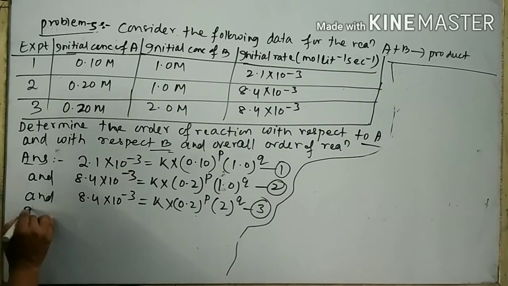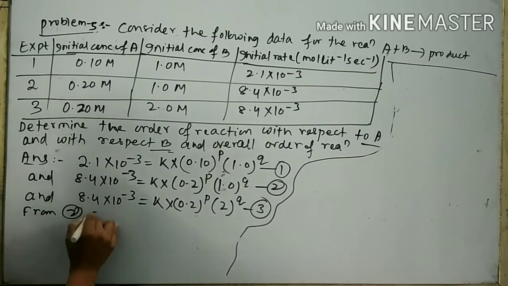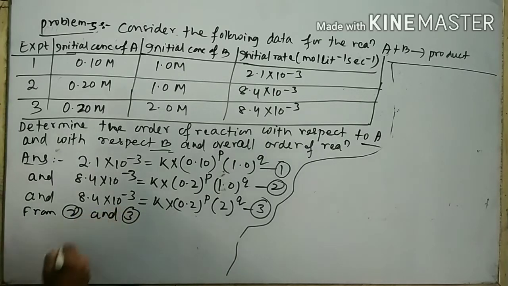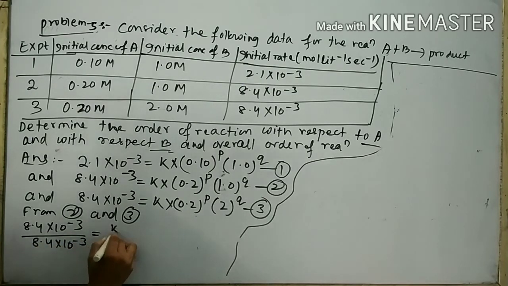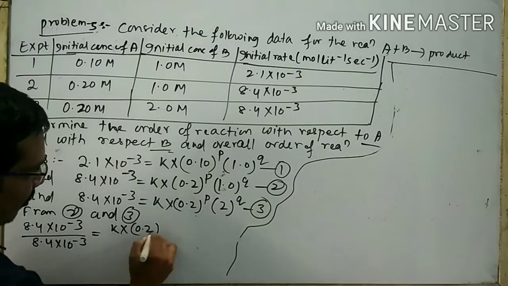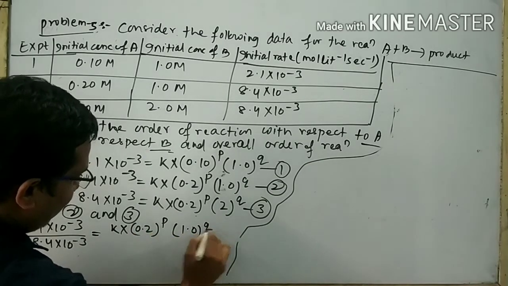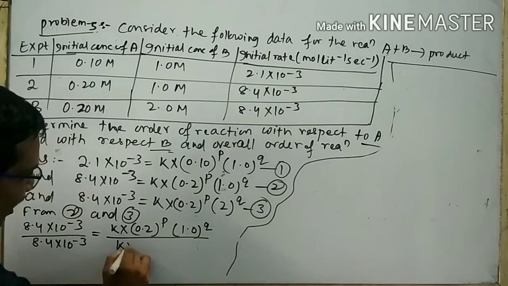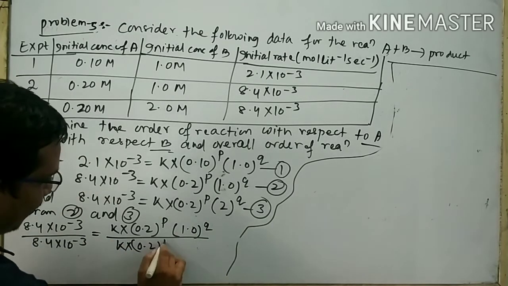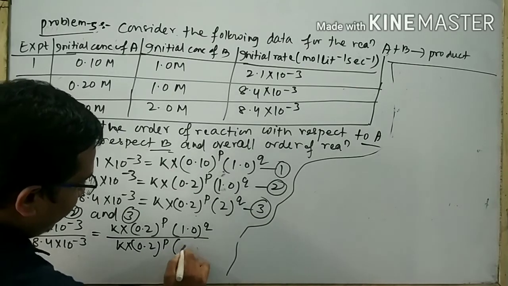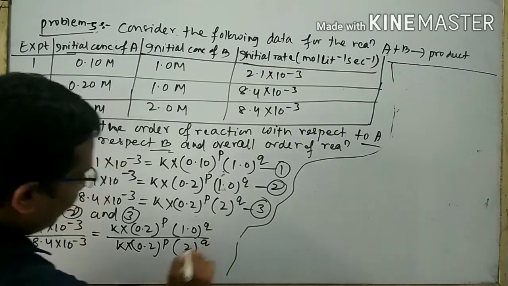So from 2 and 3, we can write 8.4 into 10 to the minus 3 divided by 8.4 into 10 to the minus 3 equal to k into 0.2 power p into 1.0 power q divided by k into 0.2 power p into 2 to the power q.